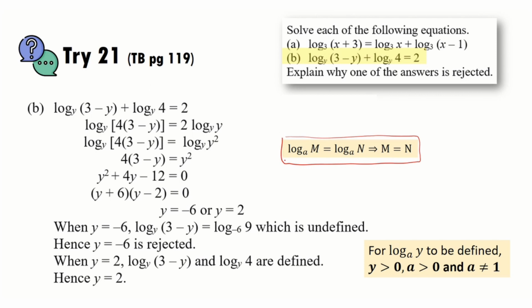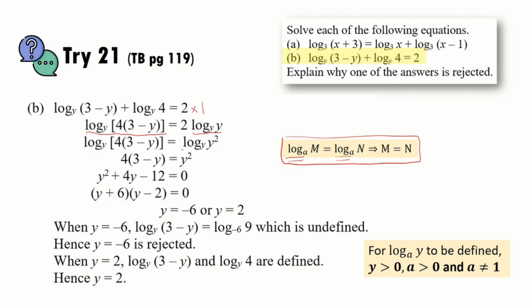So in order to apply this method, I need to have single logarithms on both sides, and how I will be able to achieve that for this question is to apply the product law for the left hand side of the equation. And seeing in the right hand side, I have 2, which is 2 times 1, and 1 is equals to log y base y.